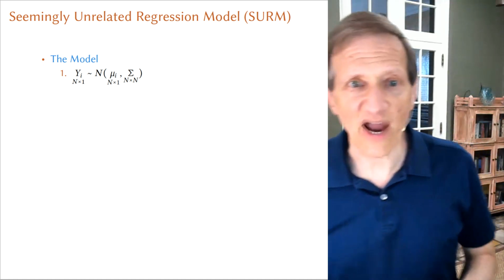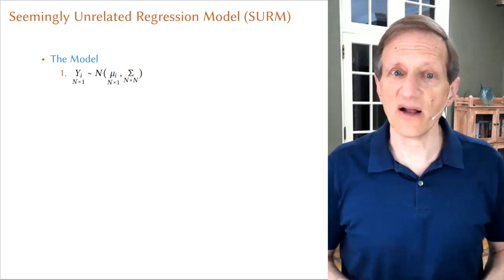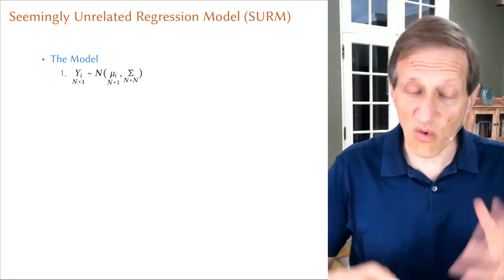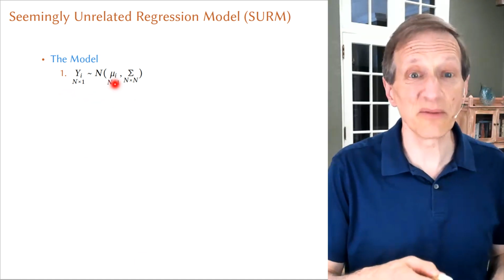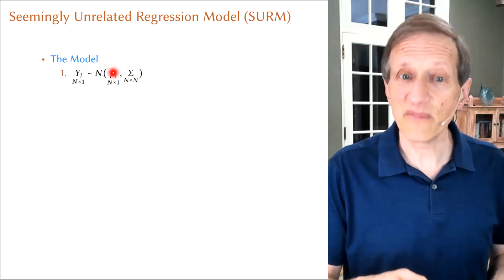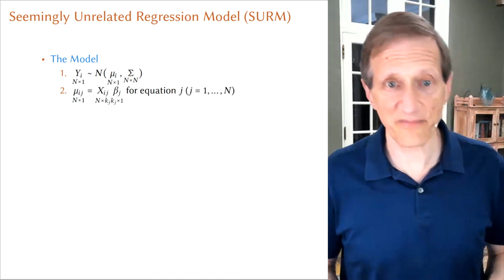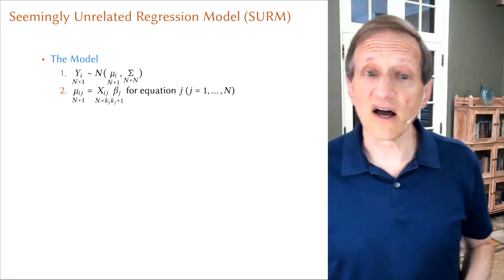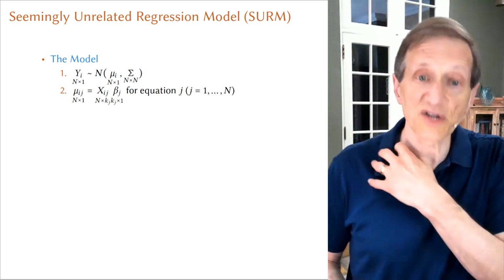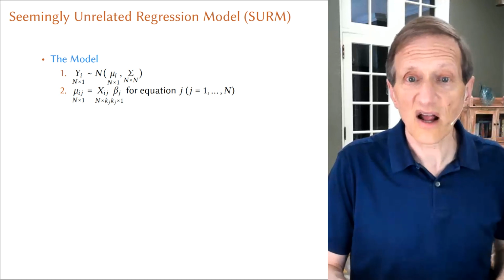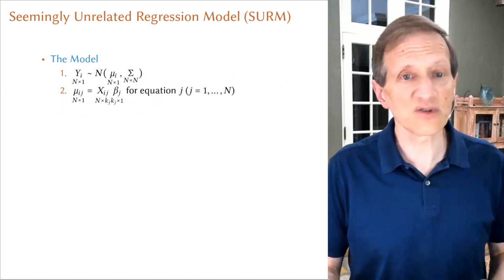All right, so Y follows a normal distribution. Y is again multivariate. This is going to be a multivariate normal distribution, mean vector mu, variance covariance matrix sigma. The systematic components for mu are each linear regressions. So there's going to be one for each j equal 1 to big N, and each one of those is a linear regression.